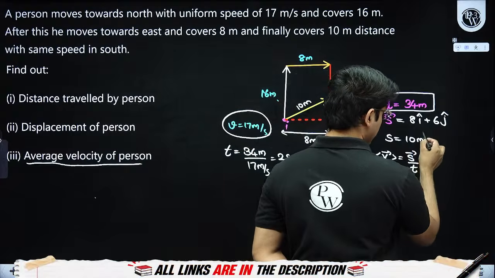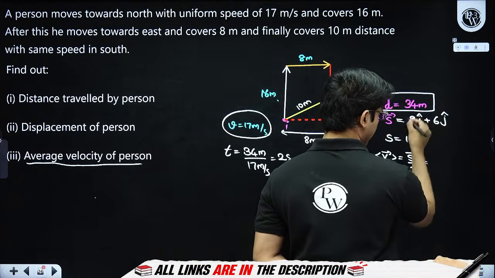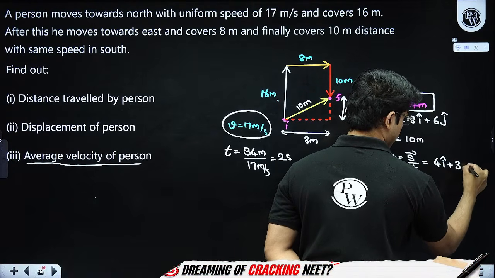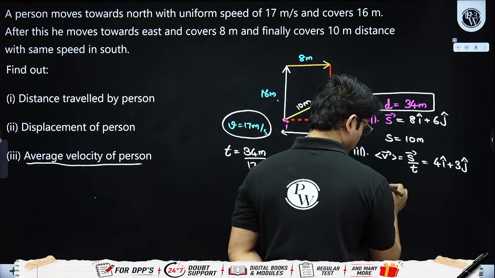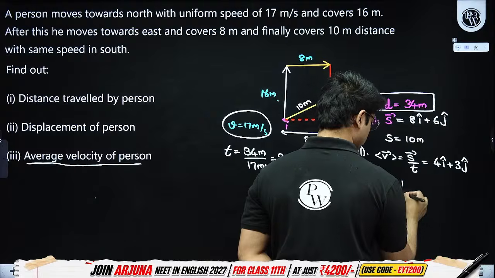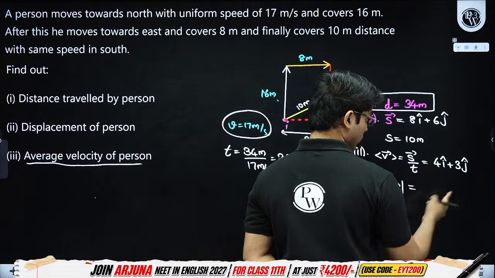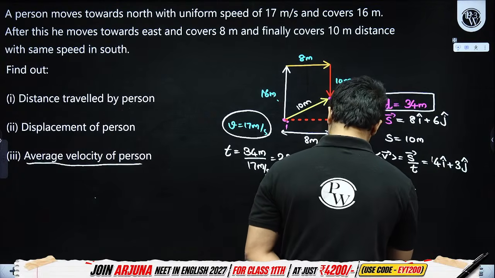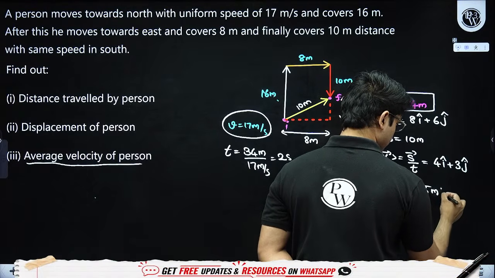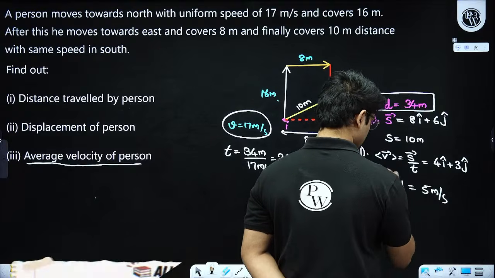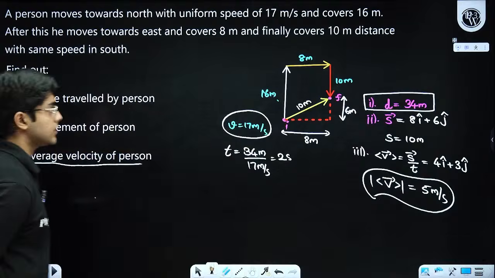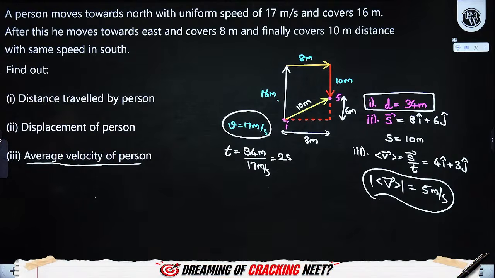So displacement by time, if you just divide this with 2, that will be 4 i cap plus 3 j cap. Okay, so if you want just the magnitude of the average velocity, that is equal to 5, right? 4i plus 3j, its magnitude will be 5. This will be the average velocity. Okay.